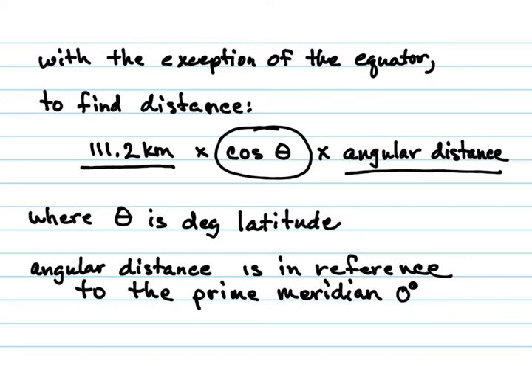Okay? So, let's talk about finding the angular distance when we're dealing with latitude. It's the same process. It's just that you're dealing with small circles, all right? And to give yourself an indication of that, when we do these, we're still going to first make a drawing.